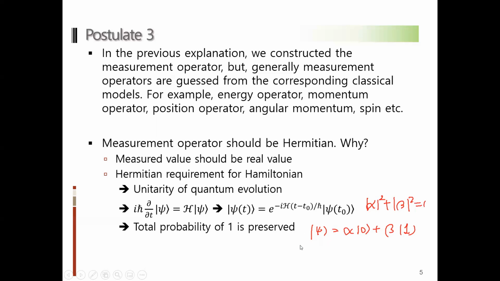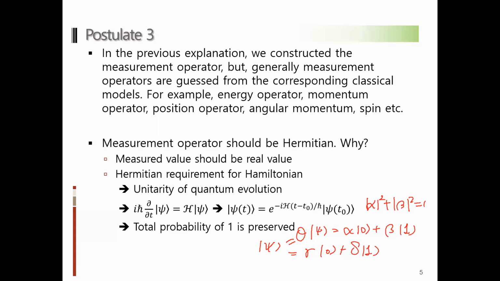If that operator is not unitary, meaning that the new vector evolved by the operator does not conserve or preserve its length, then the total probability might not be 1, and this might appear as some new vector state like this one.